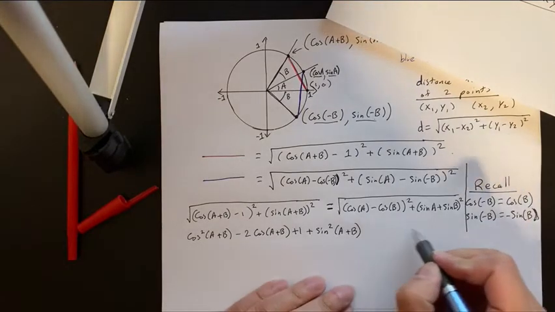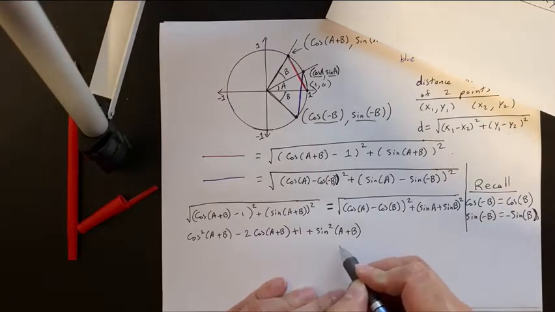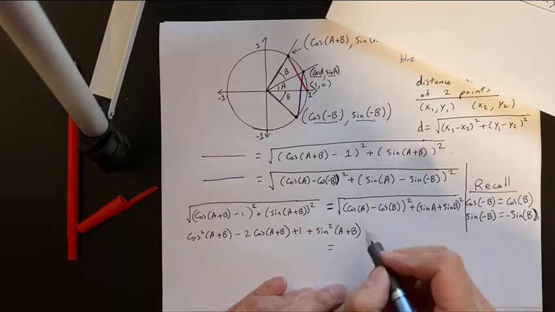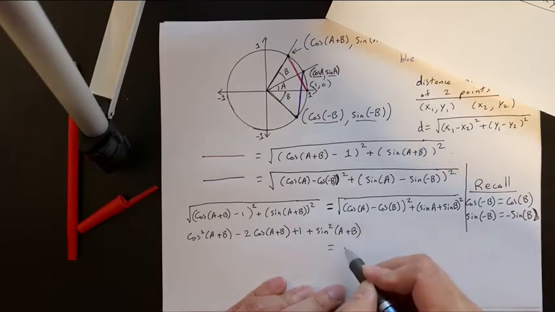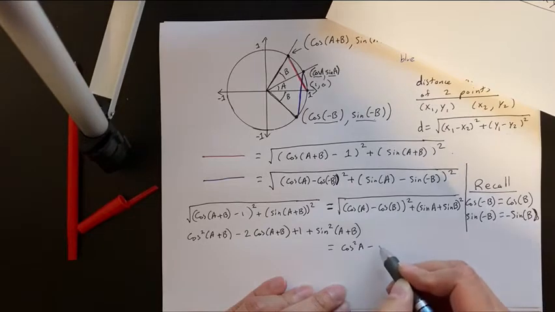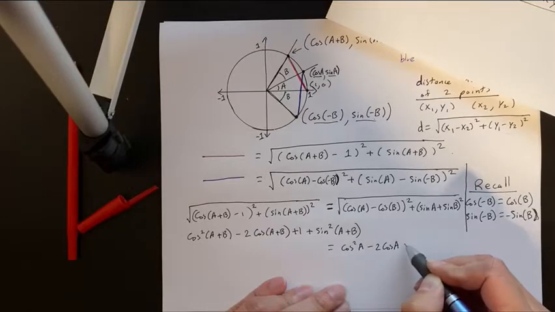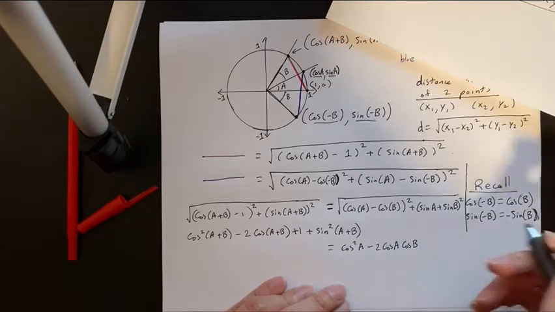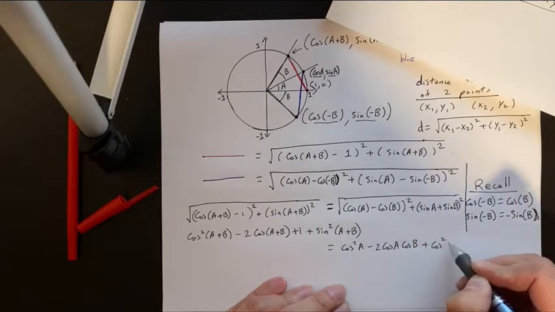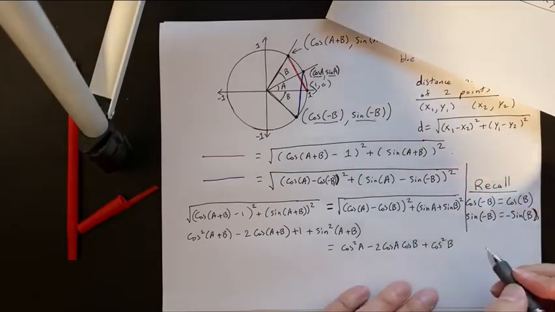Okay. I don't think I have room for the right side, so I'm going to write my equal sign right below, wrap it around, and just write it right here. So for the right side, it will be cosine square of a minus 2 cosine a cosine capital B plus cosine square b. And I'm going to do the same thing here. FOIL this guy.